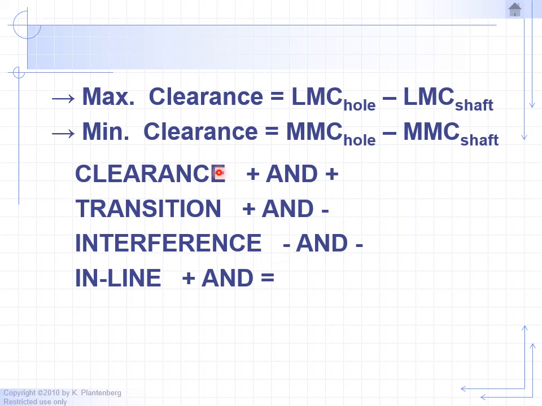If you end up with a negative maximum, negative minimum, it's interference, meaning the hole is always smaller. And an inline or line fit is when you have a positive clearance and a 0 minimum clearance, meaning the diameters are equal. Okay, this is like a glove to a hand, perfect match.